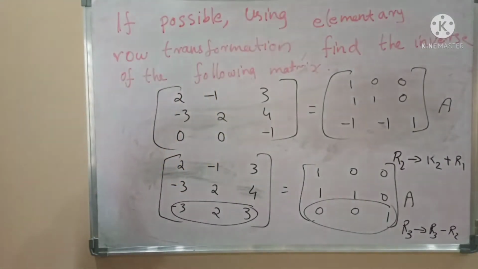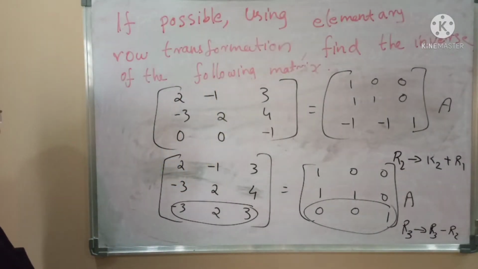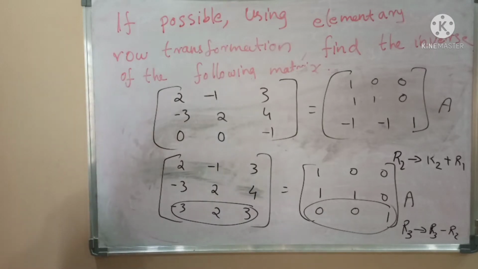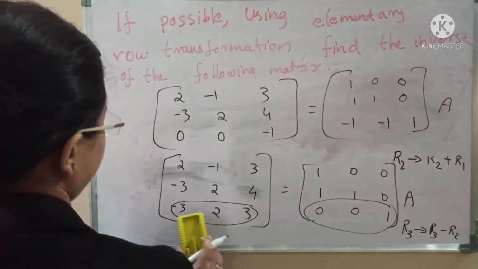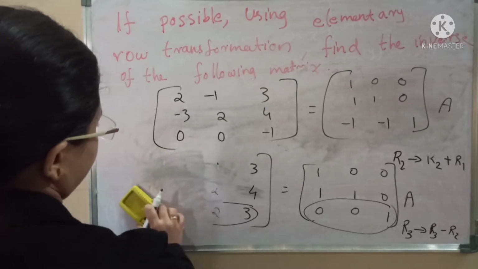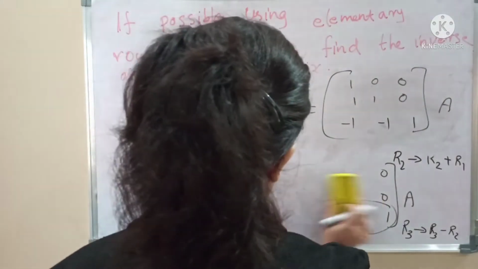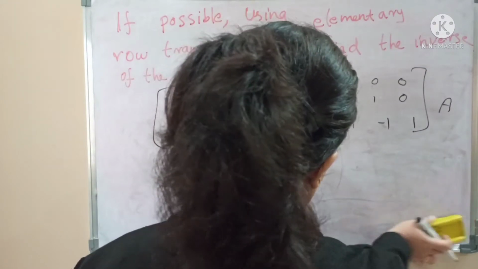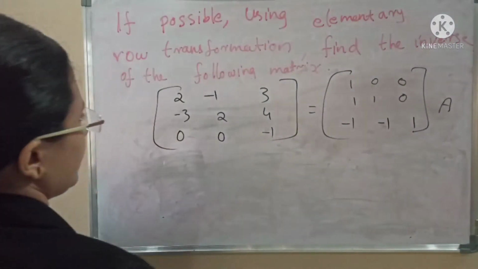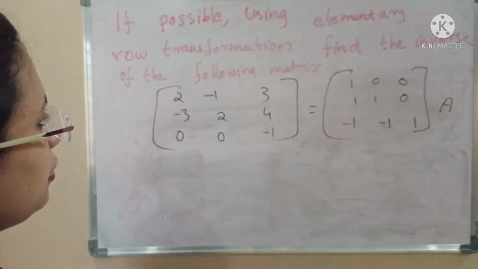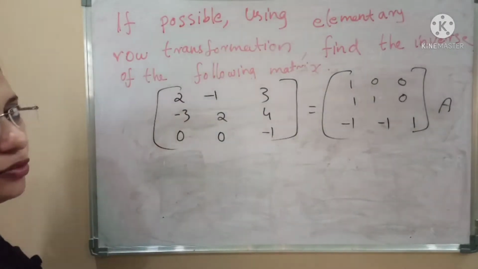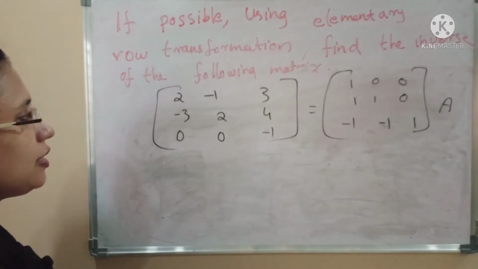Clear? Okay, so let's see what the next transformation is. Here there is a chance to get this element as 1. How?